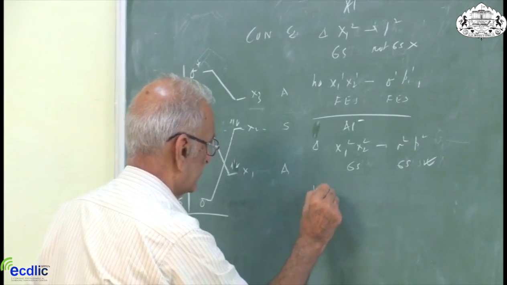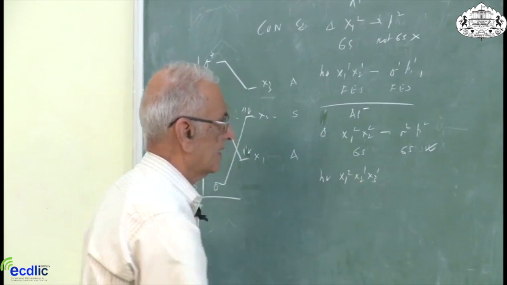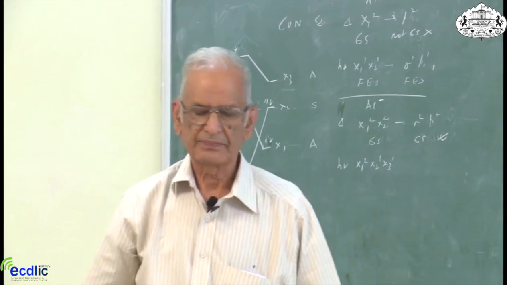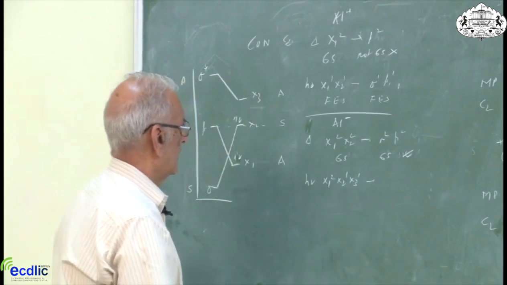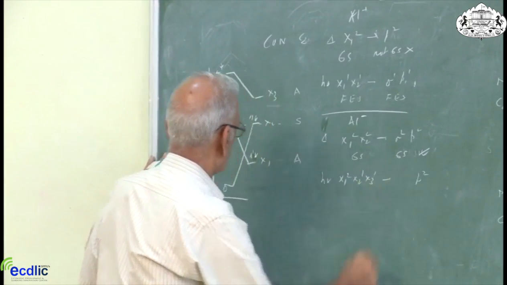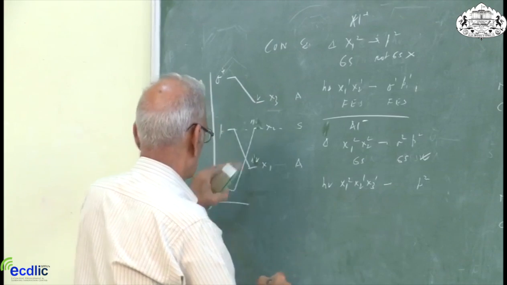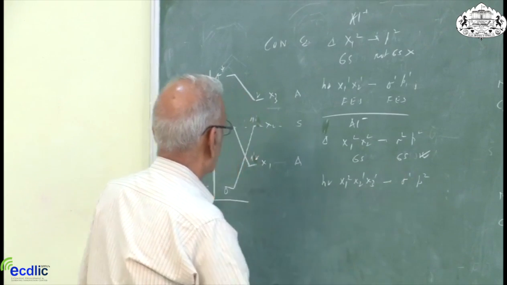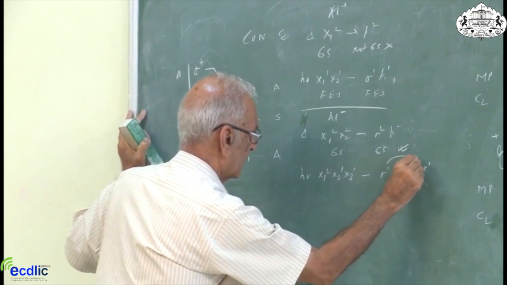Photochemical, X1 2, X2 1, X3 1. X1 2 goes into P, X2 1 goes into sigma, X3 1 goes into sigma star.